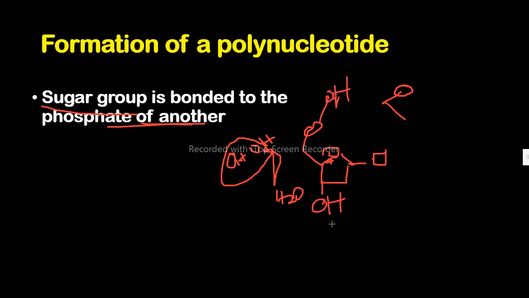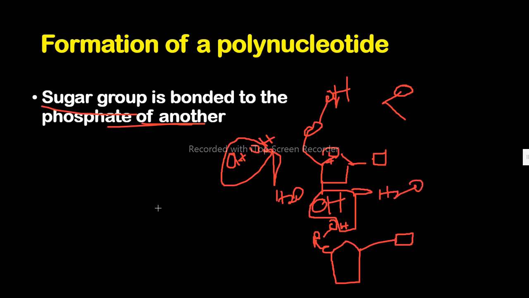So when two nucleotides lie adjacent or below each other, this is your phosphate group and this is your carbon, then this is your nucleotide, and then the organic base. If this phosphate group lies next to the other, there is no way these OH groups should not condense with each other to lose a water molecule.